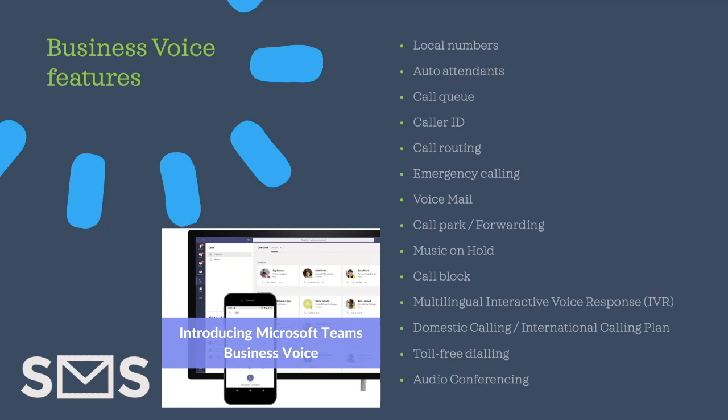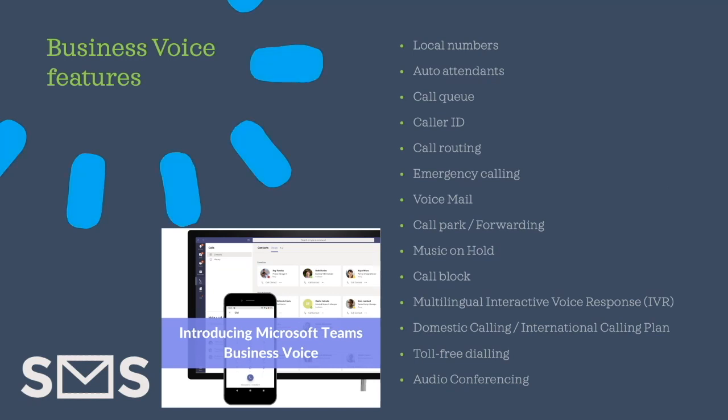Brilliant. And you mentioned on the slide here Microsoft Teams Business Voice, and perhaps you could explain the ramifications of that and what the core functionality is when you put together the Business Voice and the Teams solution as one. So when you put it as one, effectively all it does is it allows you to use Teams as a phone.